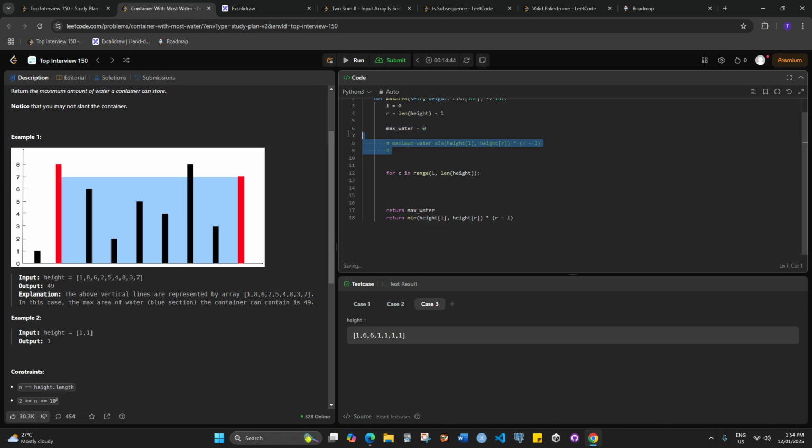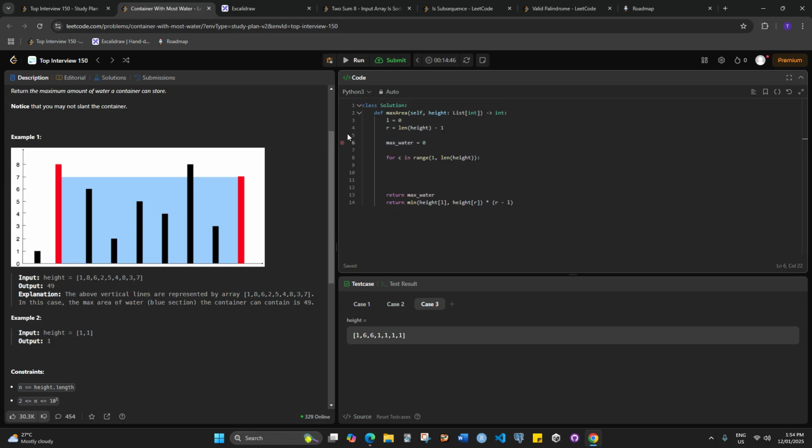I am really stuck here. My problem is, the right pointer is easy enough.